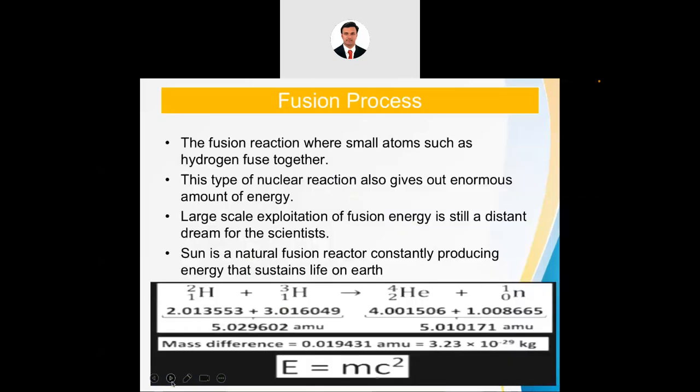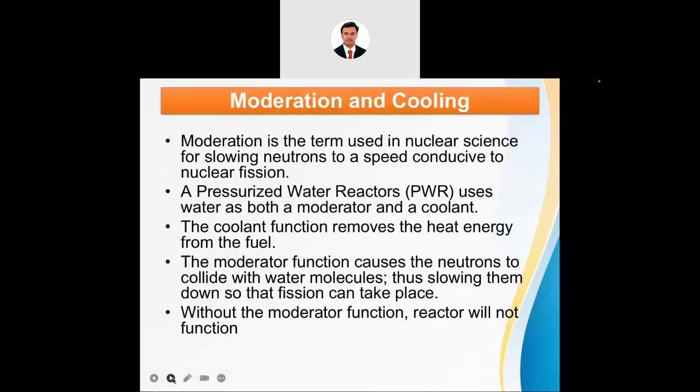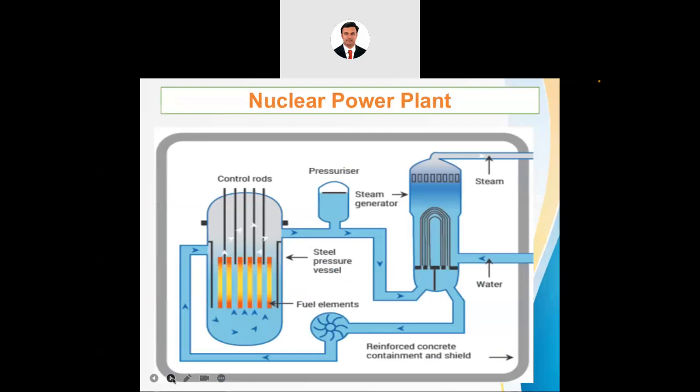Now the details regarding that we are going to see. Whenever there is a nuclear power plant, there are some basic components. Particularly, you will see this one is the nuclear core, and this is a schematic of the nuclear power plant. Only the heating part, the steam generation part, is changed.